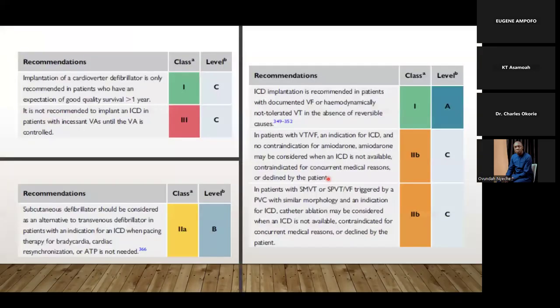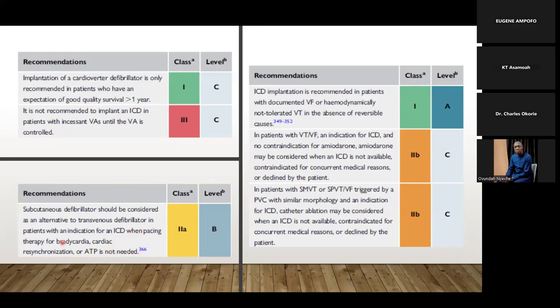So just a look at some of the evidence. We can have a closer look at it because the slides will be shared. But as I said, expected survival should be at least 1 year. You can use a subcutaneous defibrillator if you do not think you will need pacing therapy, cardiac resynchronization, or anti-tachycardia pacing. This is when you can use a subcutaneous ICD.